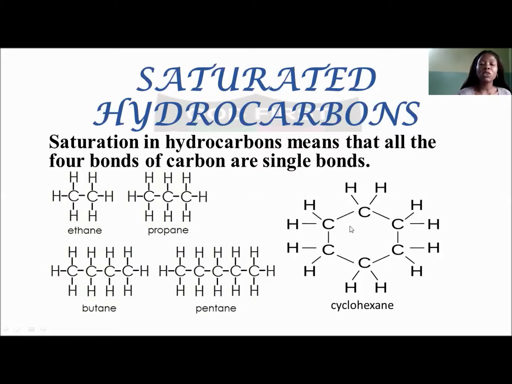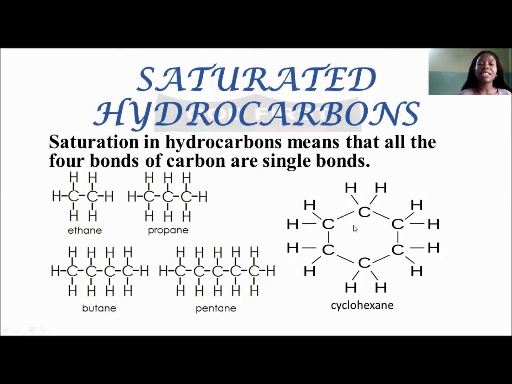This is a cyclo chain, cyclohexane, because you have 6 carbon atoms. If you count the bonds for each carbon, you have 1, 2, 3, 4, all single bonds. So this is known as saturation in hydrocarbons.